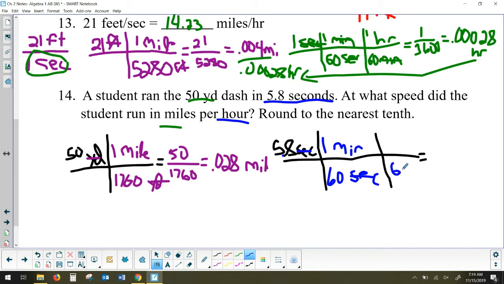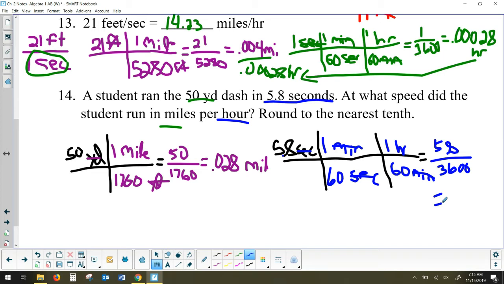You have 60 minutes, and then 1 hour. 5.8 times 1 times 1 is 5.8. 60 times 60. 5.8 divided by 3,600 is what?